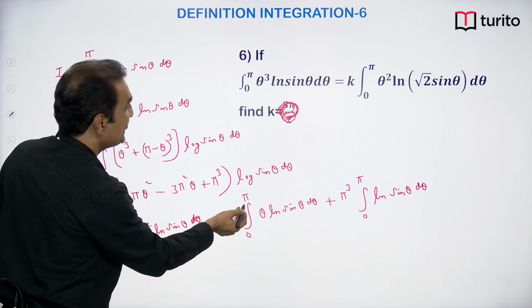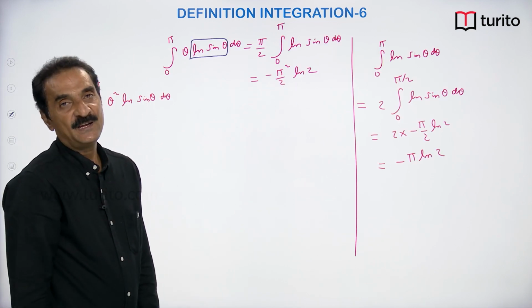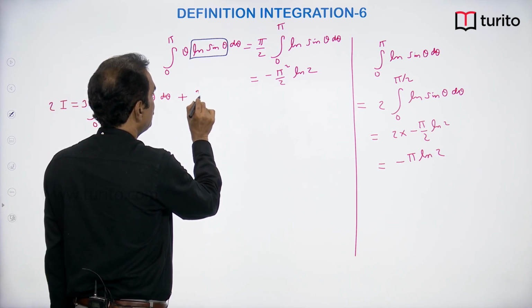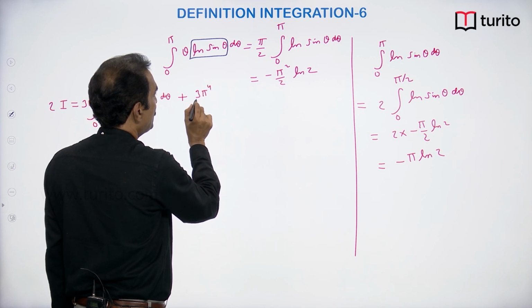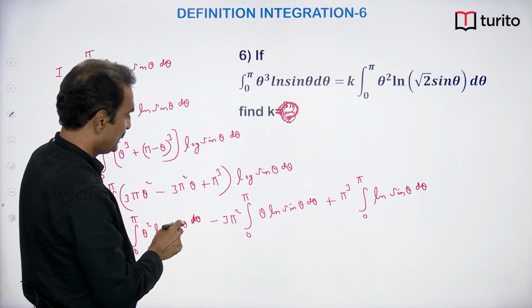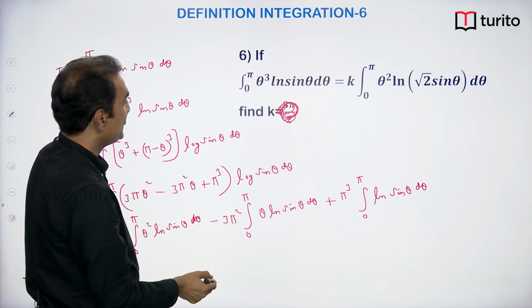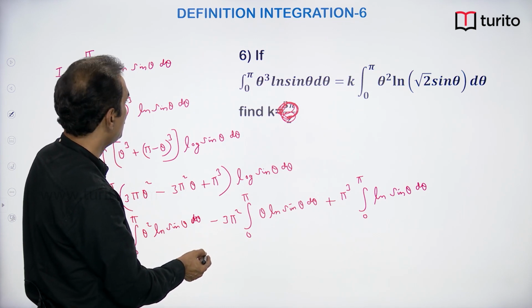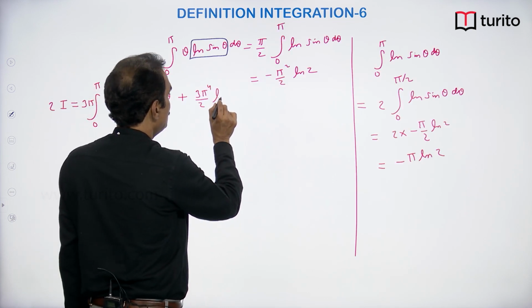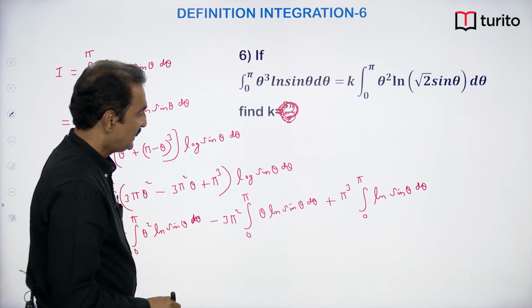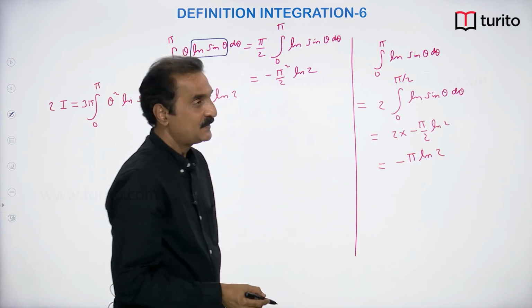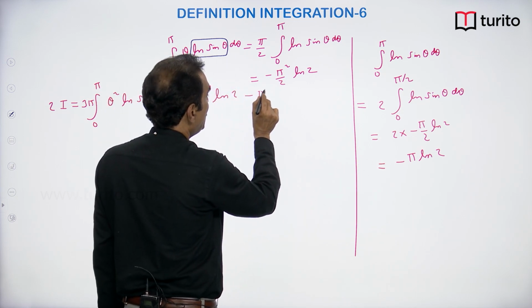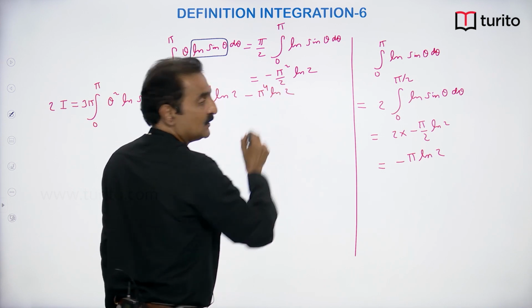Next is minus 3 pi square into minus pi square by 2 ln 2, which will be plus 3 pi power 4 by 2. Check. This is minus pi square by 2 ln 2, so plus 3 pi power 4 by 2 into ln 2. Next is pi cube into this. Pi cube into this is what? Minus pi power 4 ln 2.